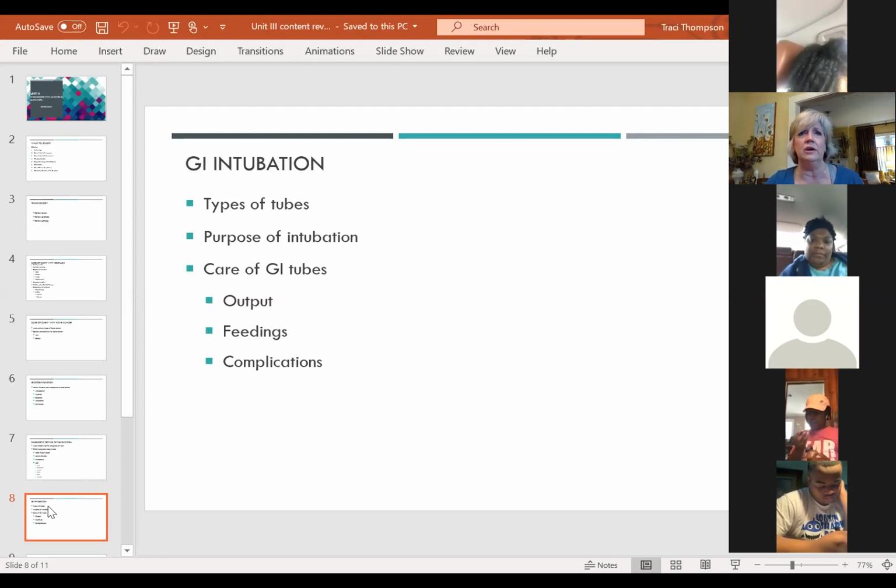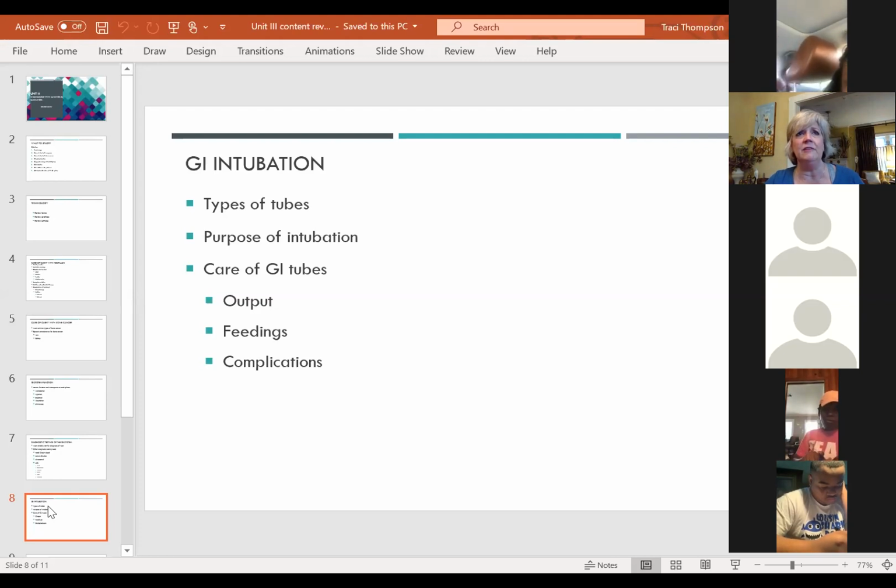We may hear breath sounds that sound funny. We might even have signs and symptoms of fluid volume excess, all right? And then leakage around a new tube may cause damage to the skin area. So pay close attention to the skin area around your tube, okay? All right.